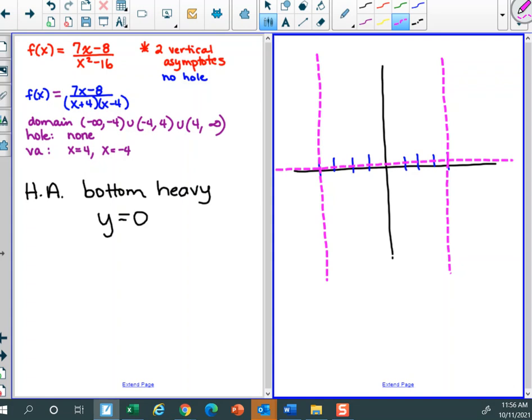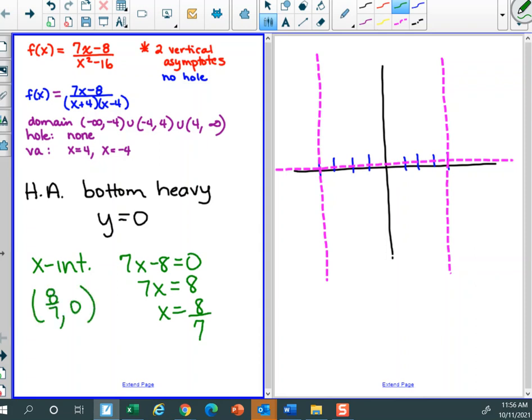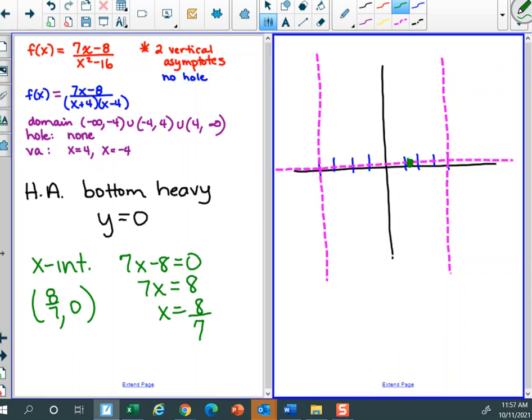Okay. My x-intercept, 7x minus 8 equals 0, so 7x equals 8, so x equals 8 over 7, so 8 over 7, 0. So a little bit more than 1, a little past the 1. Okay.